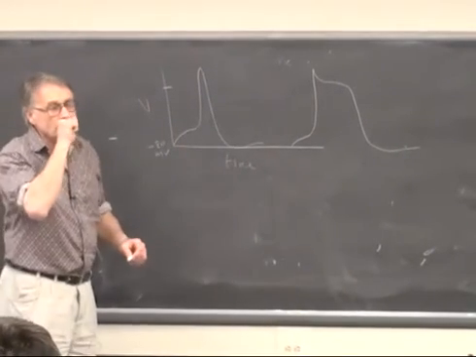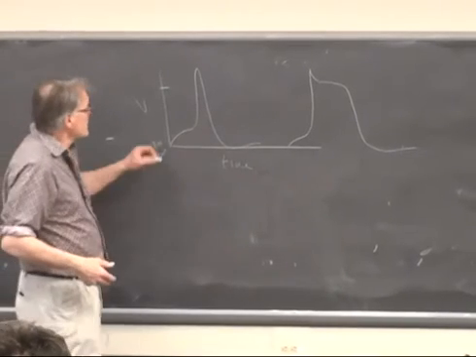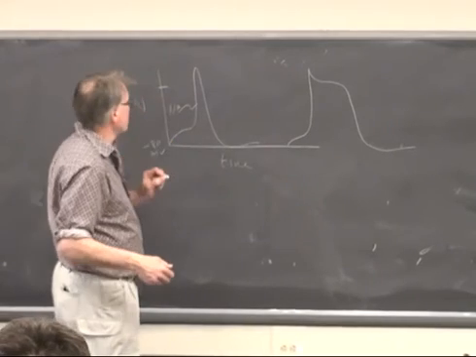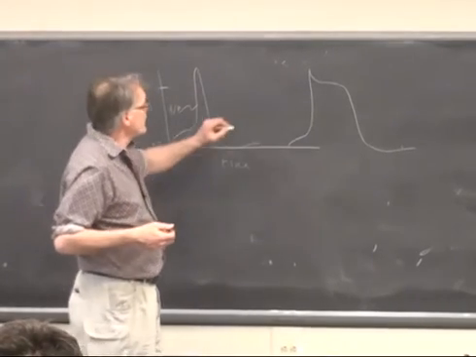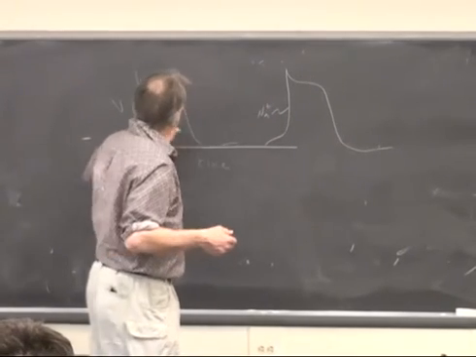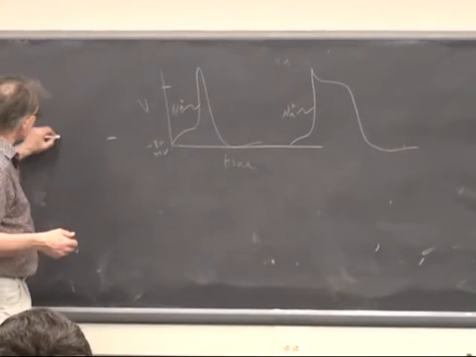And for most cells in mammals, at least, the upswing in voltage is carried by sodium ions. And we talked about this once before. There's a gradient of sodium ions.